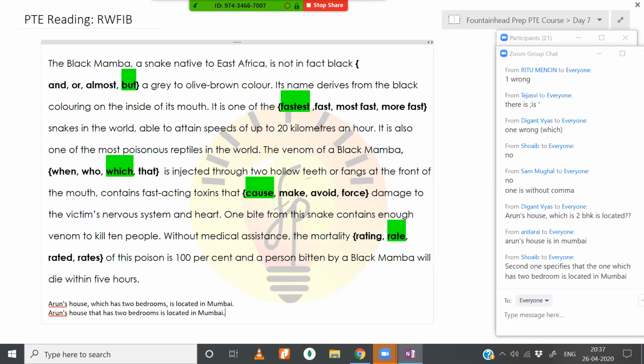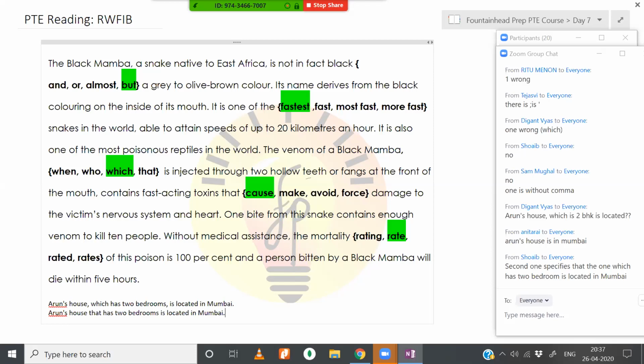Yeah, Shoaib: the second one specifies that the one which has 2 bedrooms is located in Mumbai. Yes, so it could mean that Arun may have more houses. So Arun's house that has 2 bedrooms is located in Mumbai.